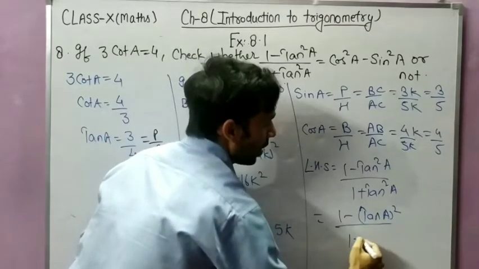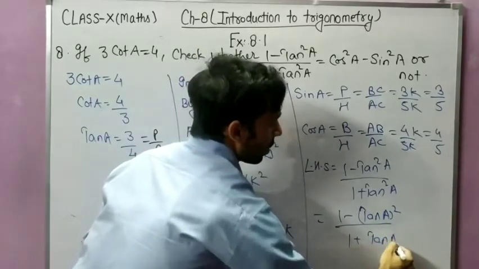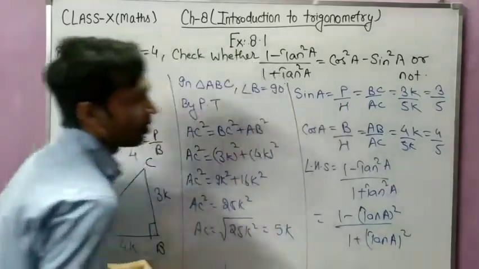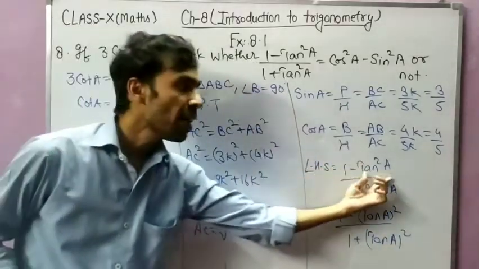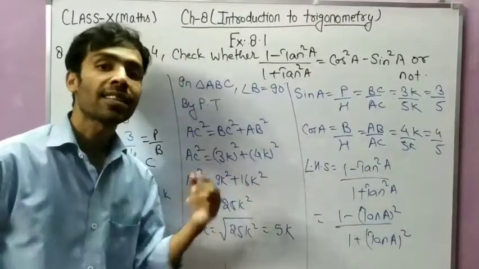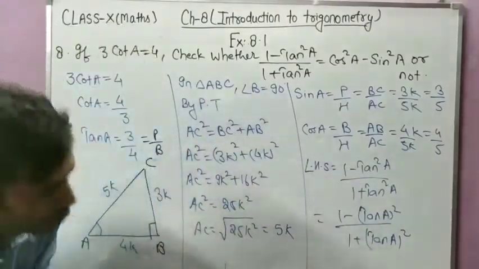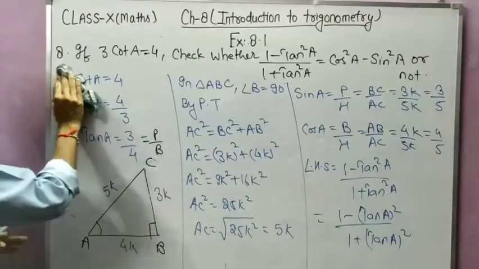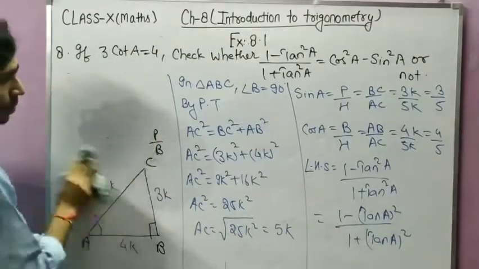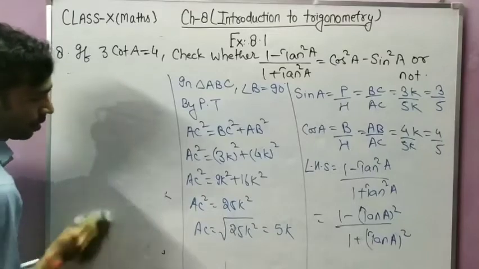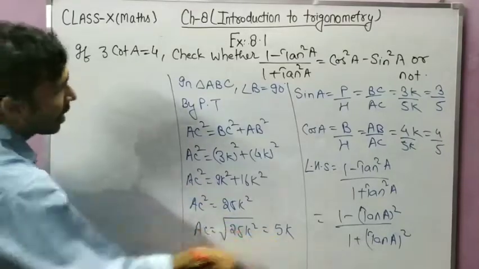Tan square A means tan A का स्क्वायर. If sin square A is written, then sin A का स्क्वायर. Okay, same thing. Now I am going to erase this part. After this I am going to solve here.